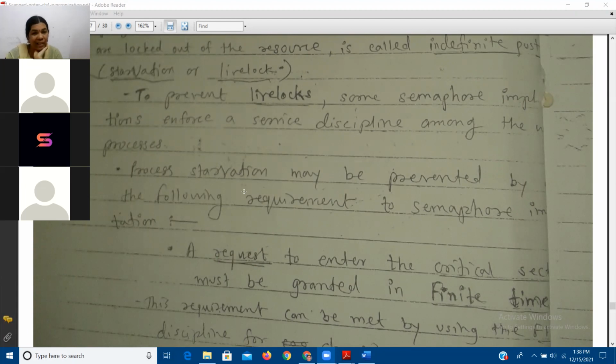Once all have had the chance, the processes can enter the critical section a second time. But at least for the first time, all should get the chance to enter the critical section. So this is the discipline.